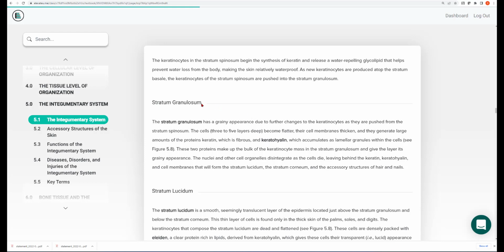From the stratum spinosum, which is multiple layers thick, we now move up to the stratum granulosum. As the name suggests, the cells here are very grainy or very granular in their appearance. This is because there are all those changes happening inside the cell. Remember, these cells, as they move upward toward the surface, are making more keratin.